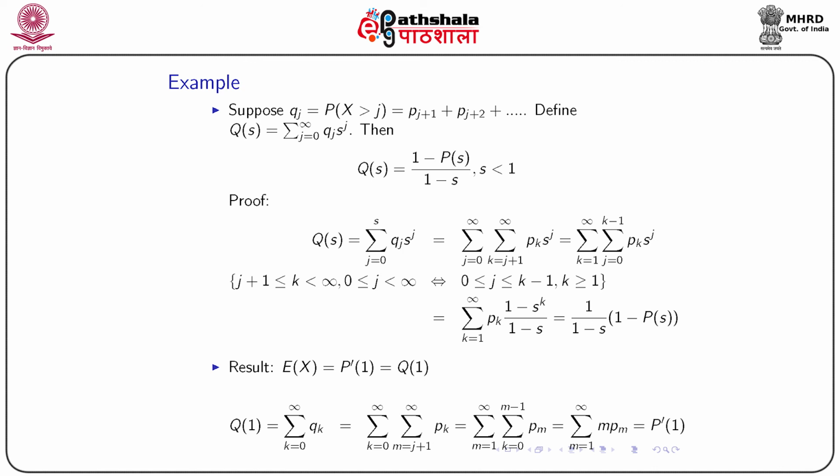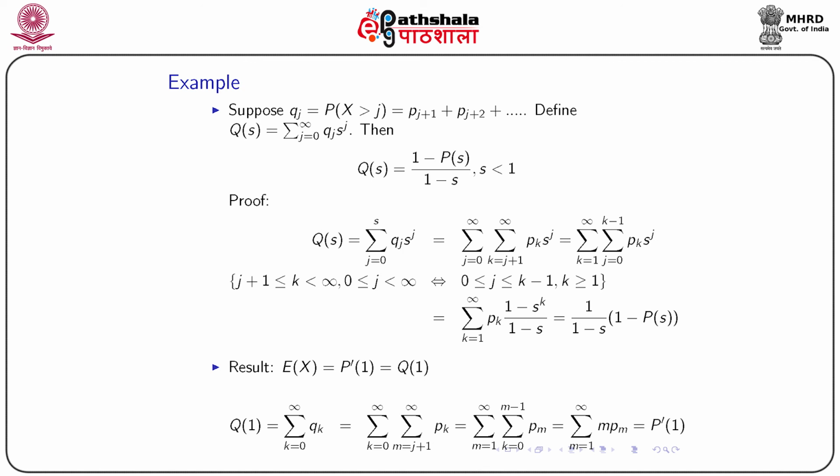Q(s) by definition is the sum over j from 0 to infinity of q_j s to the power j. Now by definition of q_j, this is the sum over k from j plus 1 to infinity of p_k. So right now we have two summations, one with j from 0 to infinity, one with k from j plus 1 to infinity.